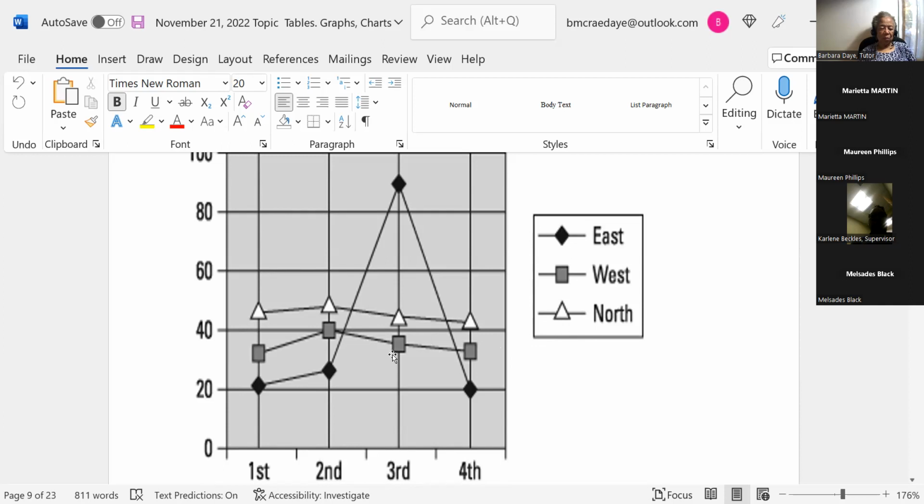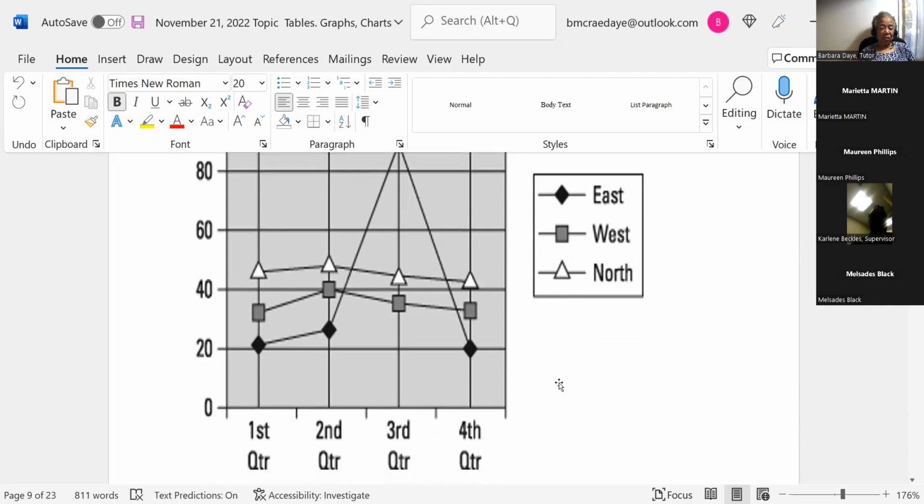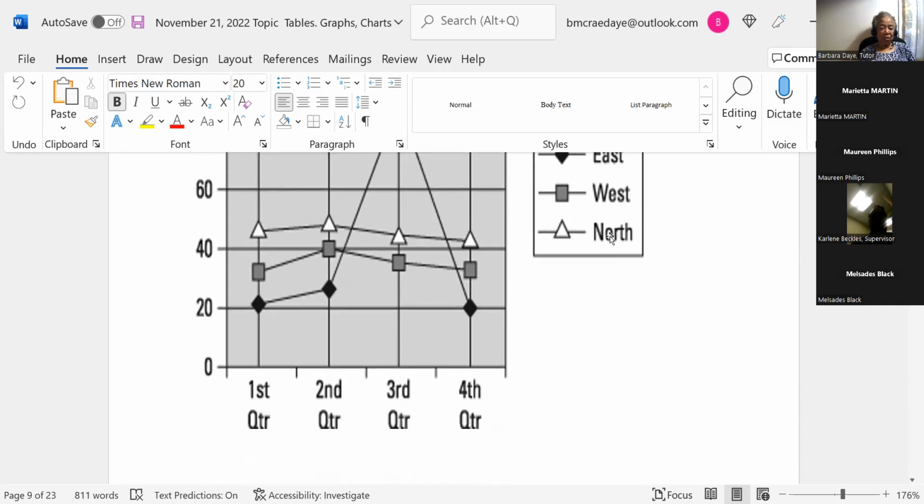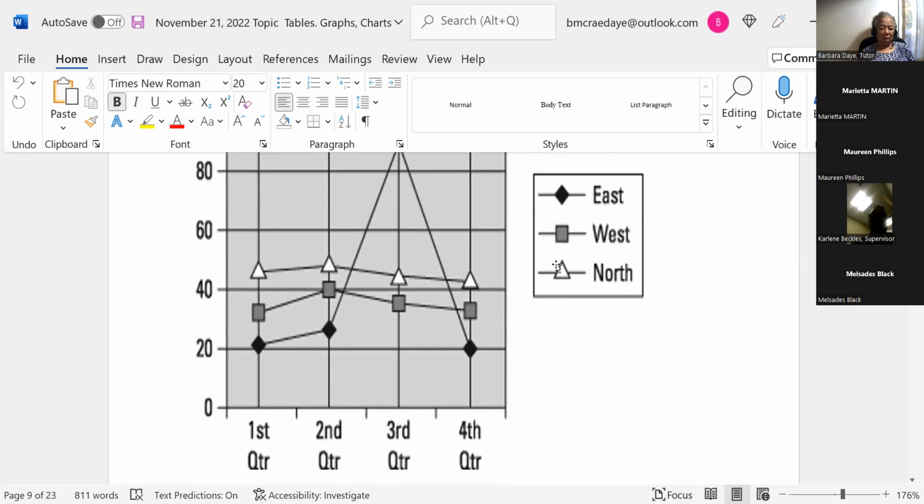Because the answers are given with these directions, north, east, west, you look at the legend of the graph. Wherever you see the triangle, that's north. Wherever you see the square, that's west. Where you see the diamond shape, that's east.